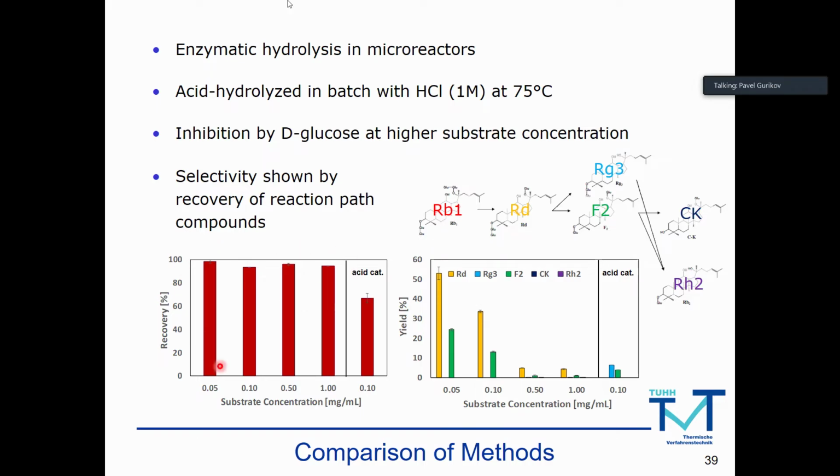When we have this microreactor approach, we are very, very close to 100. So that's important because, as I said, the amount of the material is very, very small, very tiny. So it's important to get recovery high just to be above the detection limits. Otherwise, you basically cannot detect what you have produced.